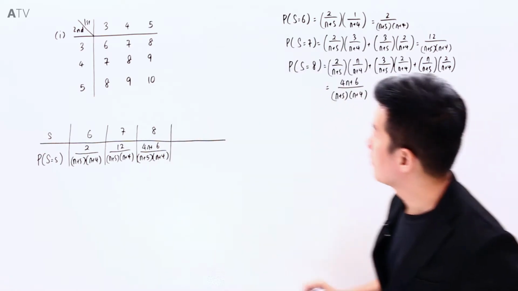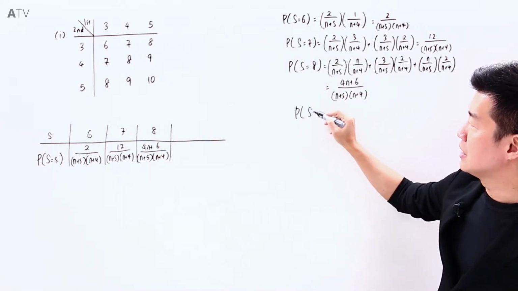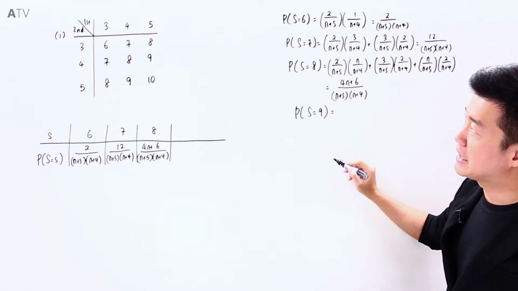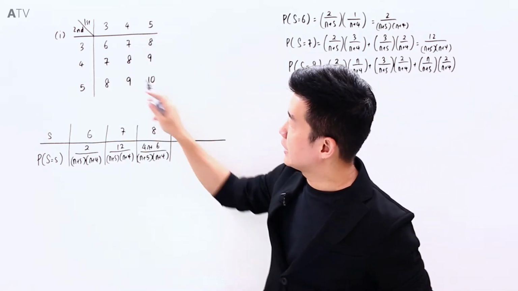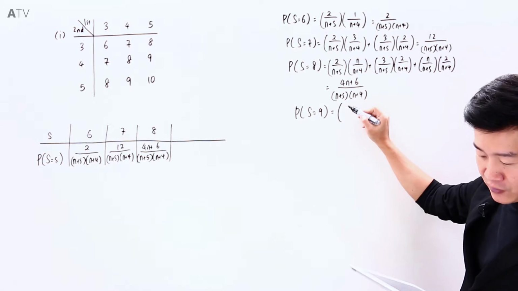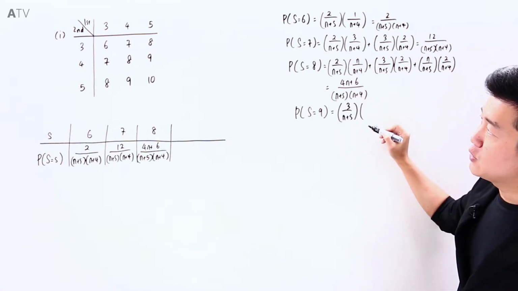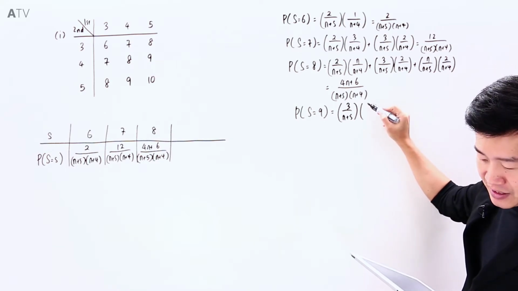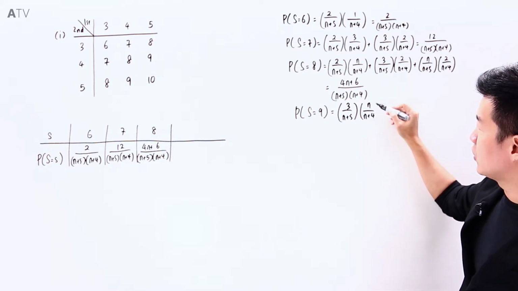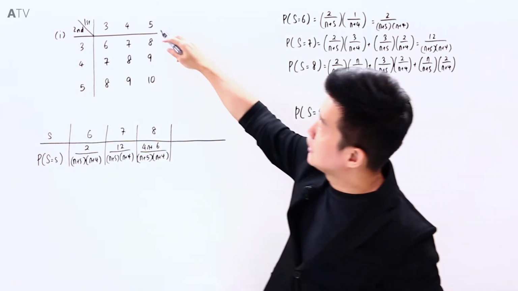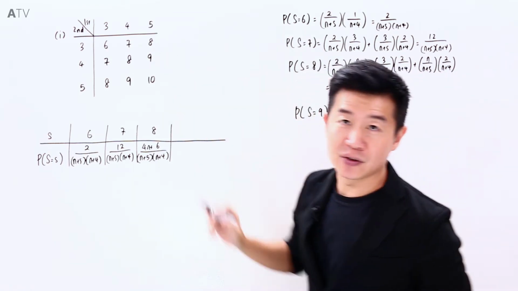So when it is at 8, it will be 4n plus 6 divided by n plus 5 and n plus 4. The next sum can be 9. And for it to be 9, the first one 4, the second one 5. The first one 4, that will be 3 over n plus 5. The second one to be 5, that will be n over n plus 4. There can be another case, according to what we have here, 5 followed by a 4.